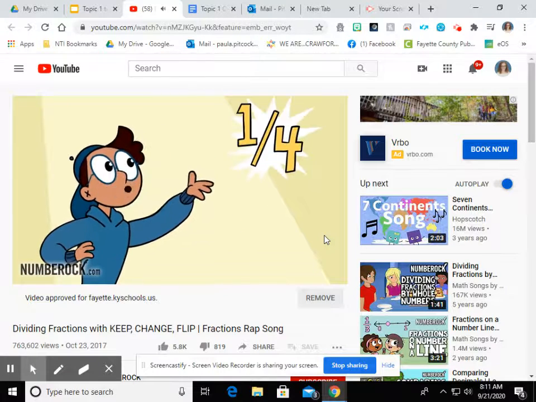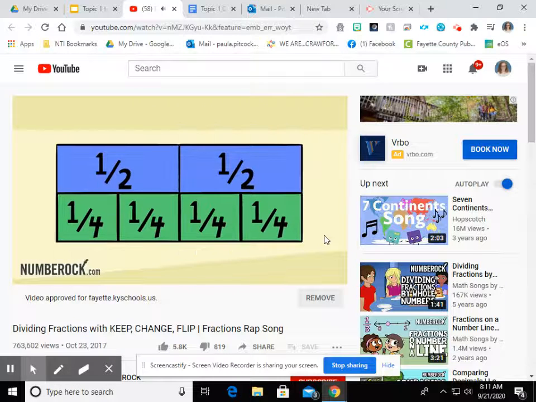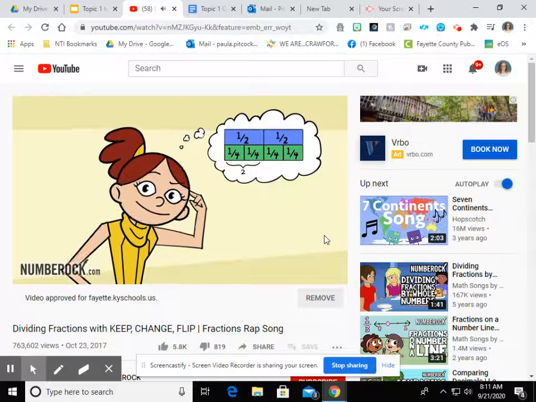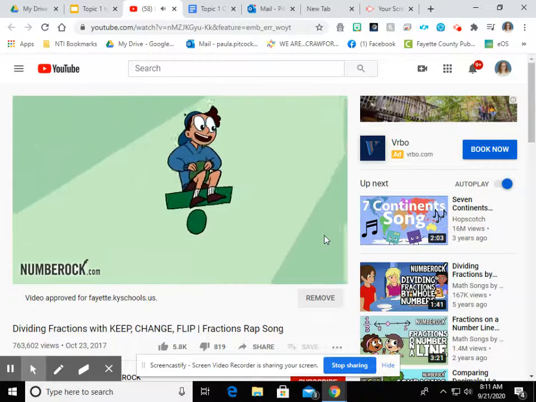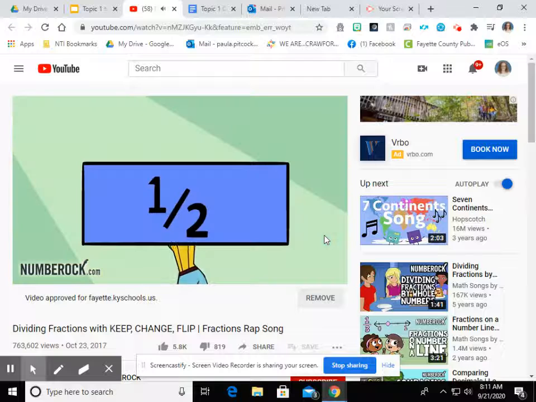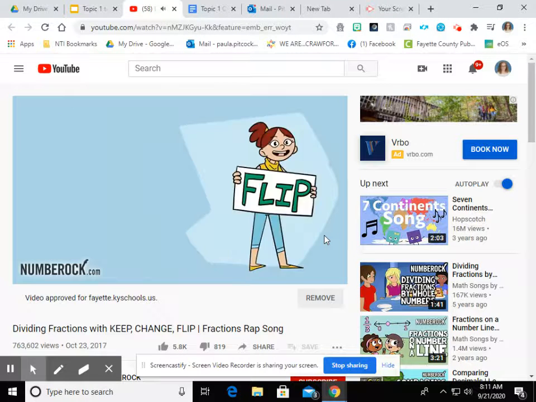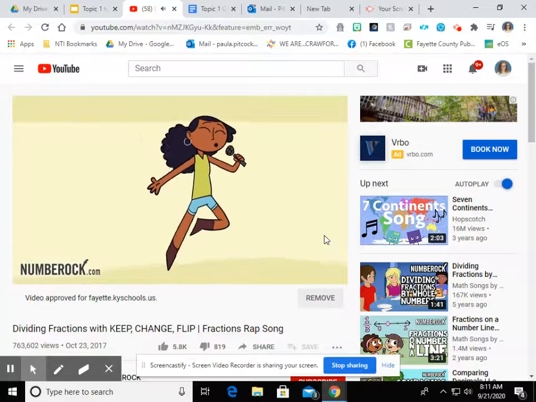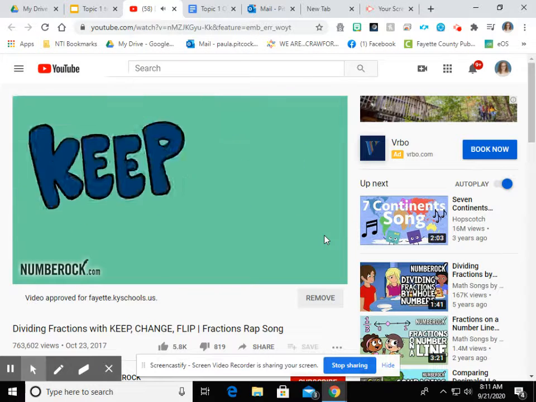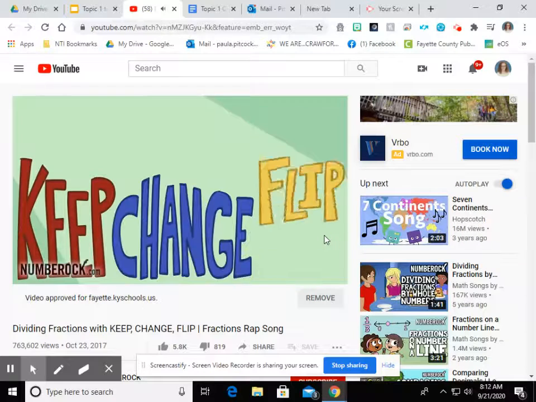How many groups of fourths does 1/2 have? 2/4 fit into 1/2 perfectly.